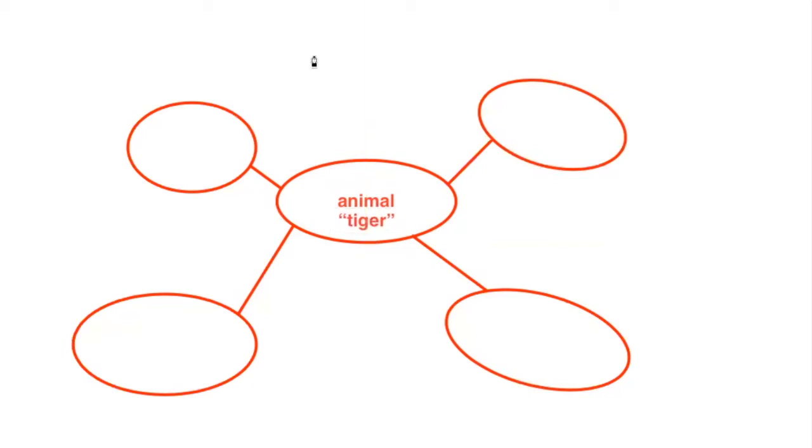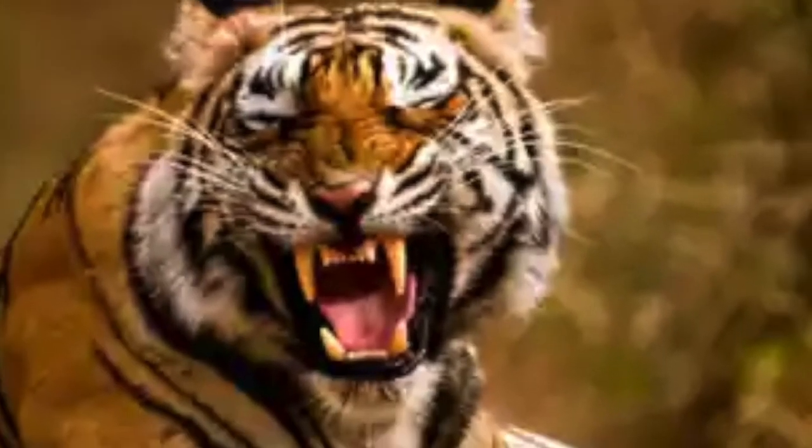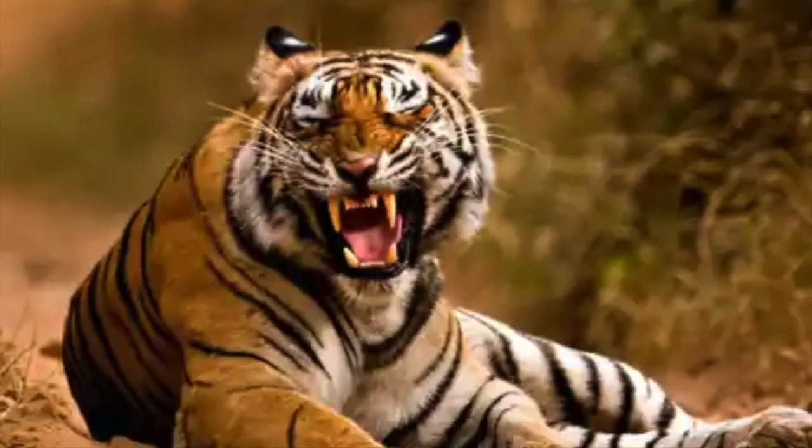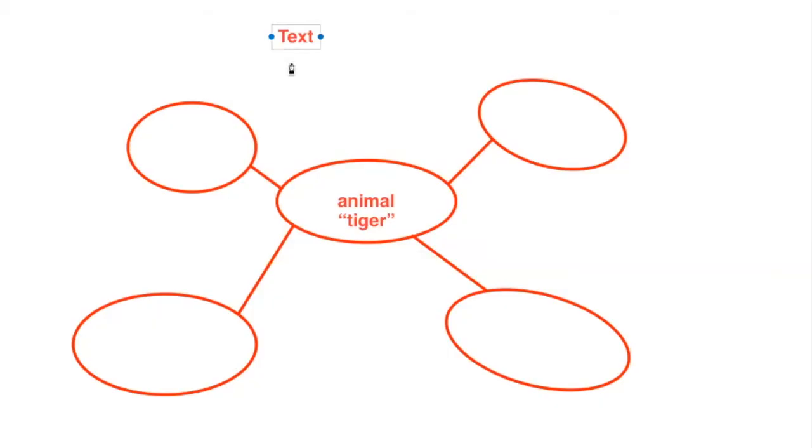If I think about a traditional tiger, we know that they're orange and black and white, with their stripes, but maybe I want mine different. Maybe I want my tiger to be different colors.